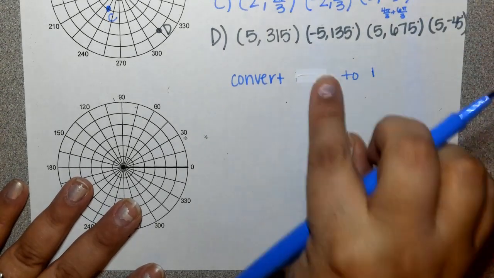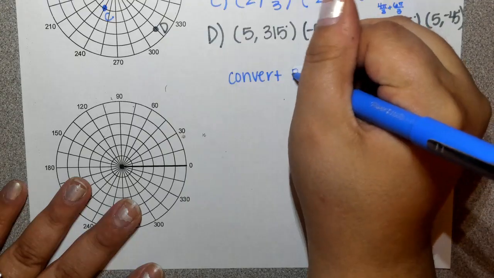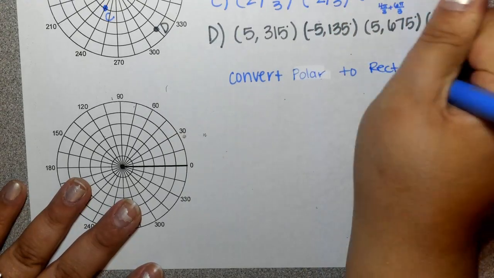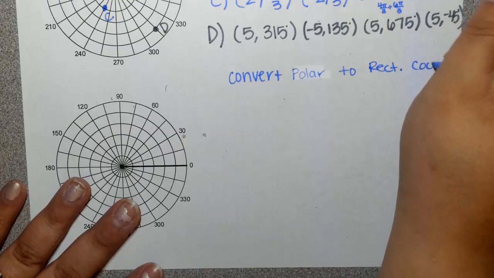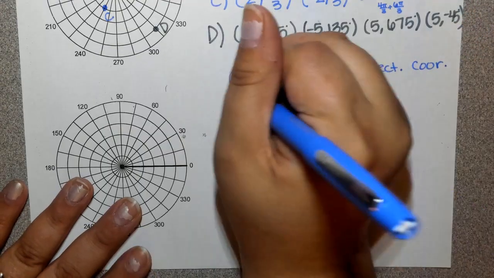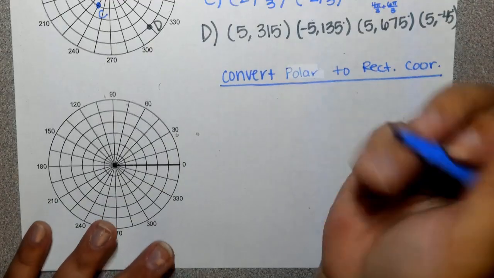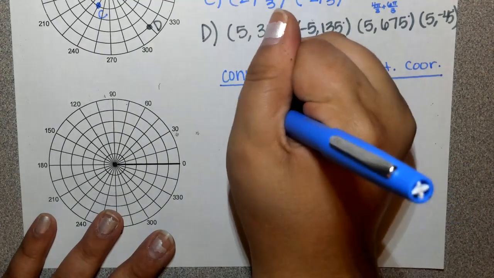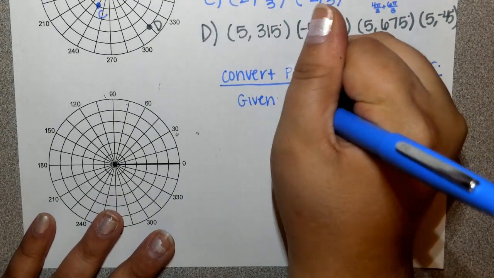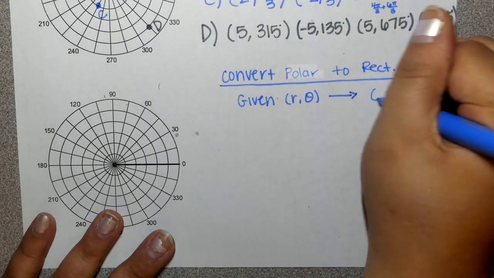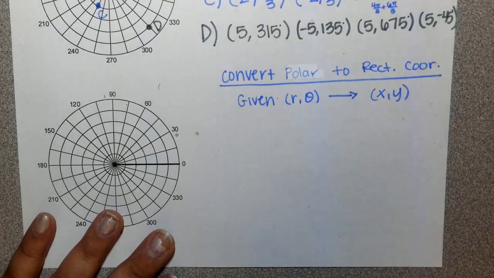We're going to be converting polar to rectangular coordinates. So if I give you r, theta, I want you to convert it to x, y.